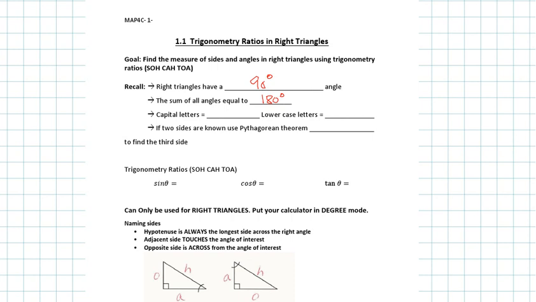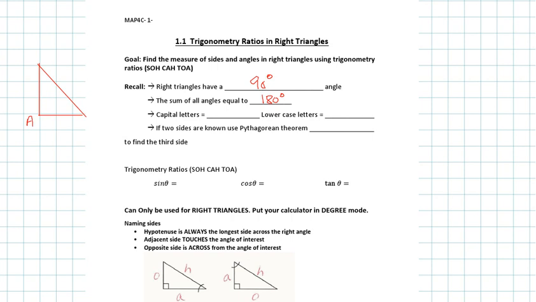Now, when we have a triangle, and especially when we have a right angle triangle, there is a special way that we name the sides and the angles. The angles, we use capital letters to name them.